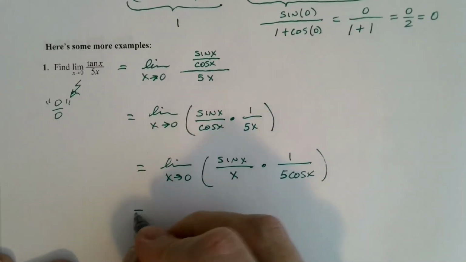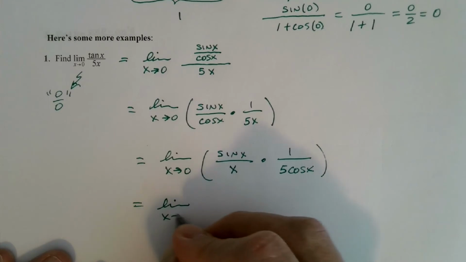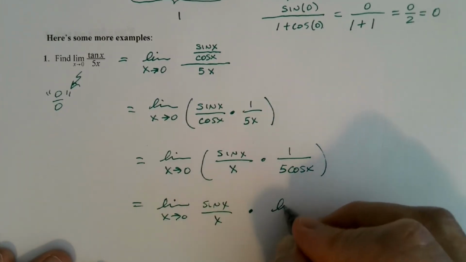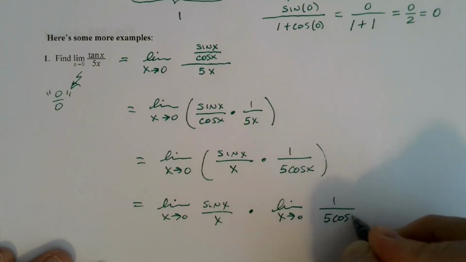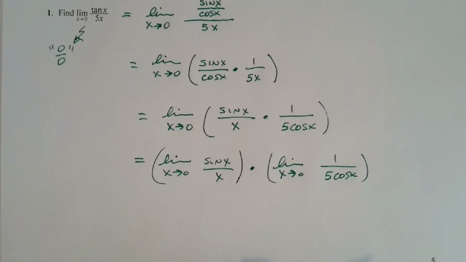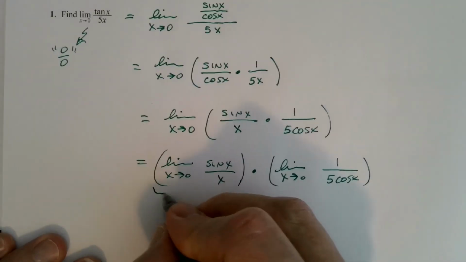But now, again, like above, I have a limit of a product. This is equal to the product of the limits, provided what? Provided these two limits exist. So you should break it up this way by the basic limit law. Does this limit exist? Yes, that's the one we proved.